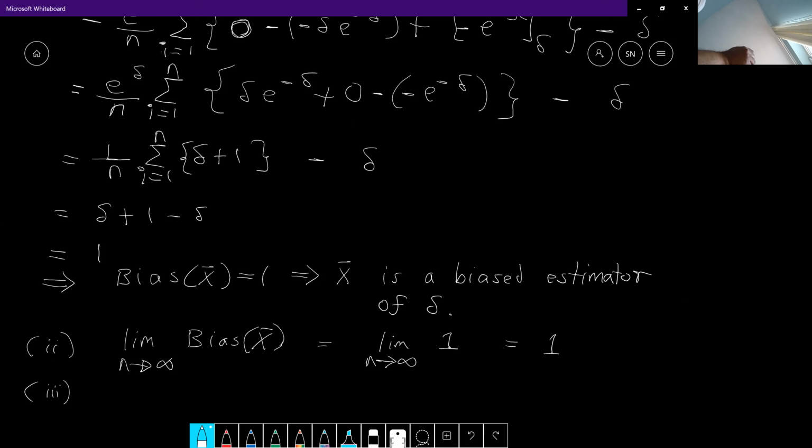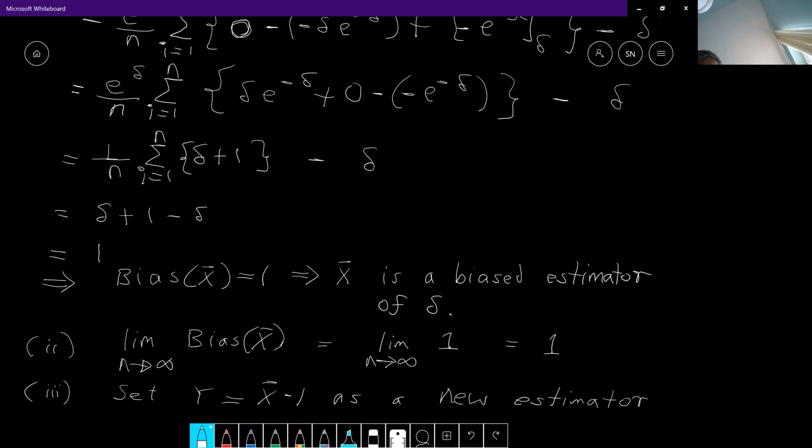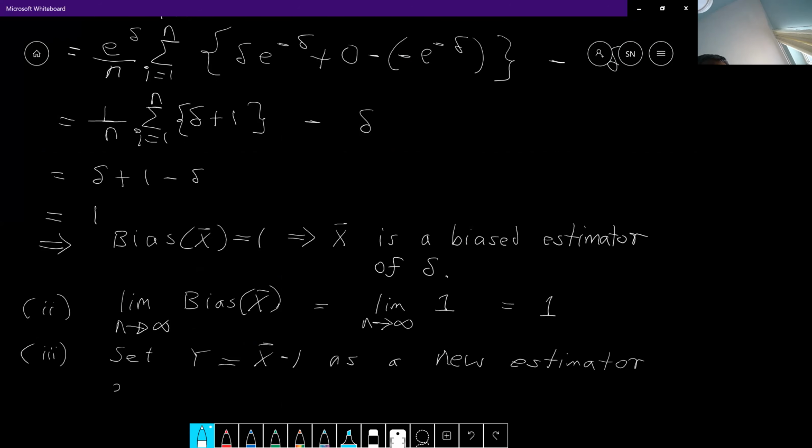All right, so to do this, you set y equal to x bar minus 1 as a new estimator of delta, right?